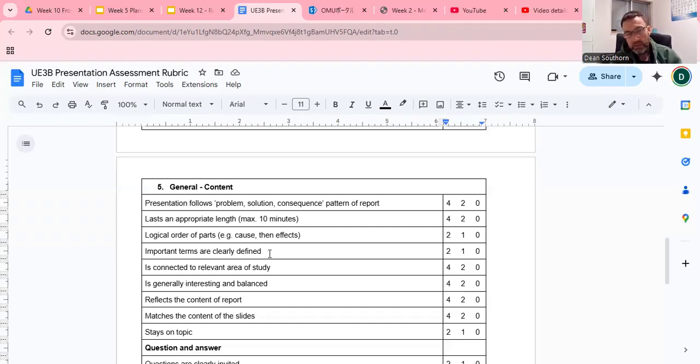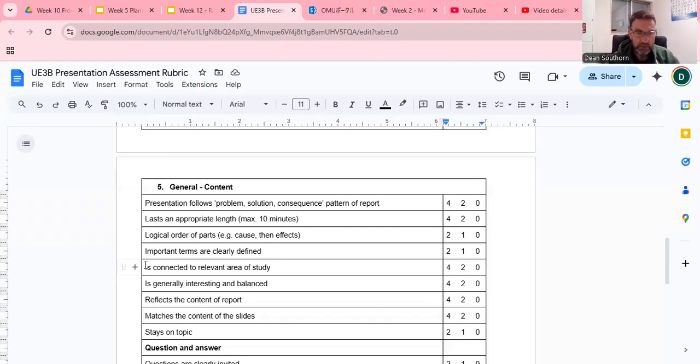So anything that you think maybe needs defining, define it. Don't use Japanese. Don't say it in Japanese. You have to paraphrase it in English. Diagrams are good. You can use the whiteboard as well, but practice that, have it as part of your presentation.